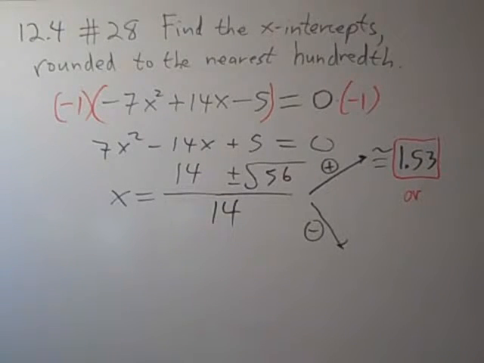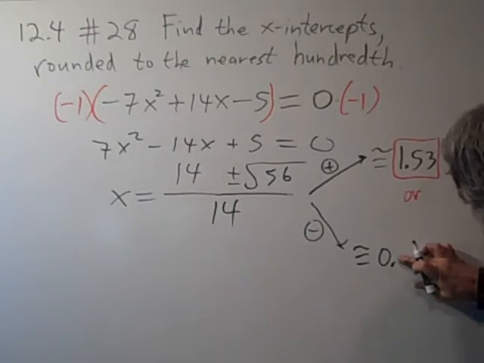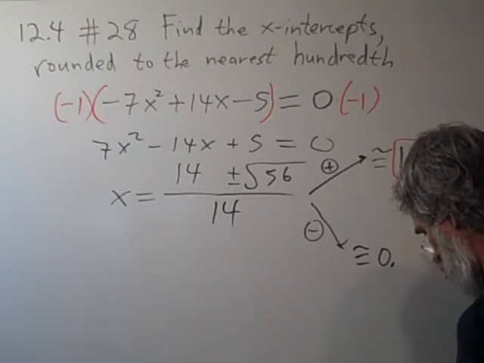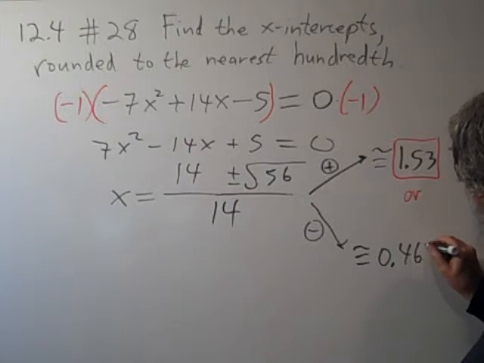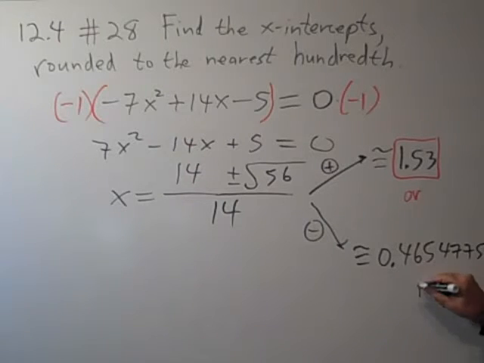We get another one by picking the negative instead of a positive, so 56 square root subtracted from 14, and then divide by 14, and we get 0.465477 on and on, but we're only rounding off to the nearest hundredth place.